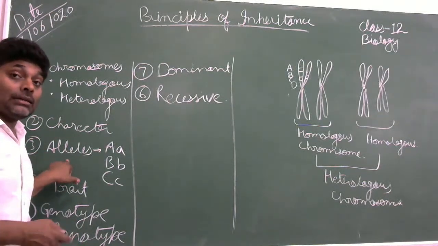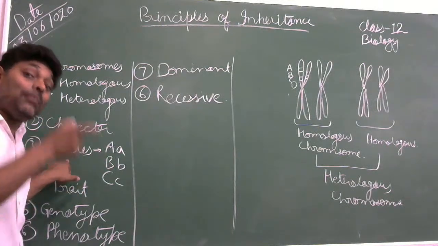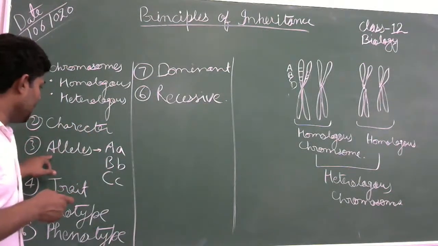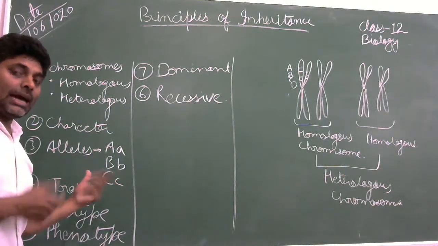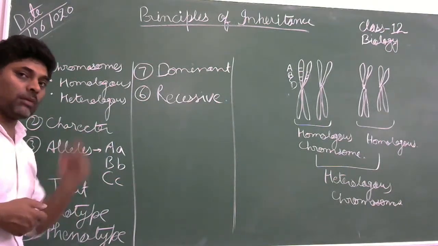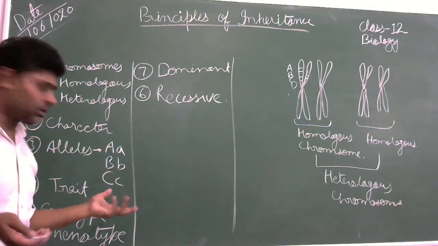The genes present in homologous chromosomes at the same locus are termed as alleles. Alleles may be of one type, two types, three types. As in our blood group, we have four types of blood group, meaning we have four alleles. That's why we have four different blood groups.